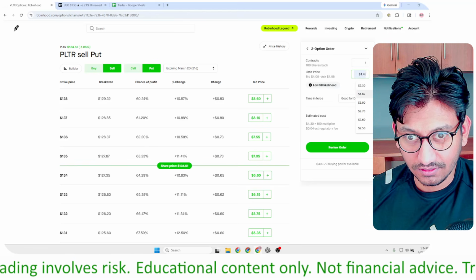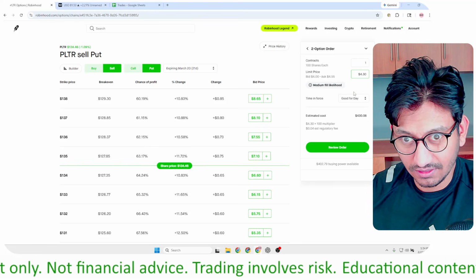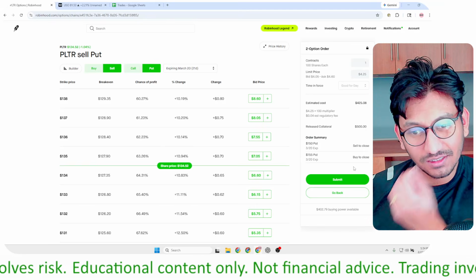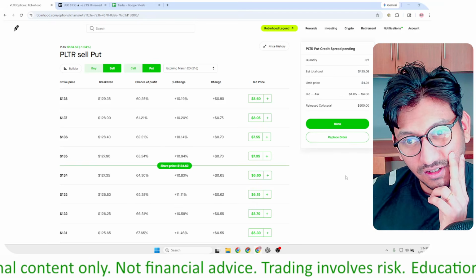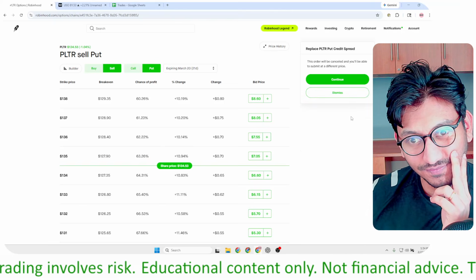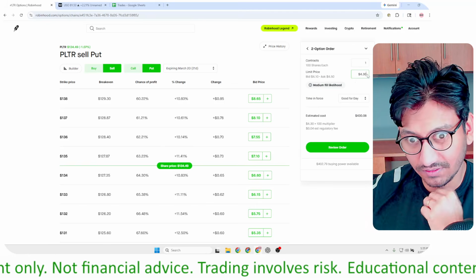Okay, so 430. Let's see if we can get out at 430, or maybe let's try it. Let's play. 425, I won't get filled. 430, let's see if we can get filled.